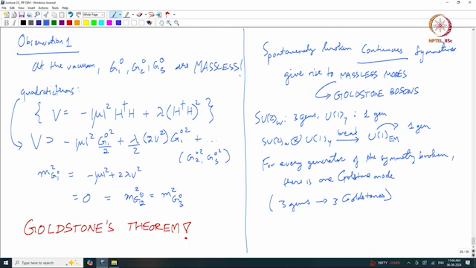Now this is not the first time we are seeing this actually. Although I have not mentioned it as such, in this course we have already seen this happen. How is that? In low energy QCD, let us take the limit of massless up and massless down quark.